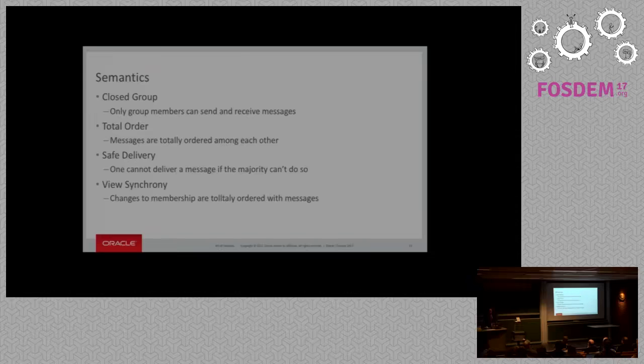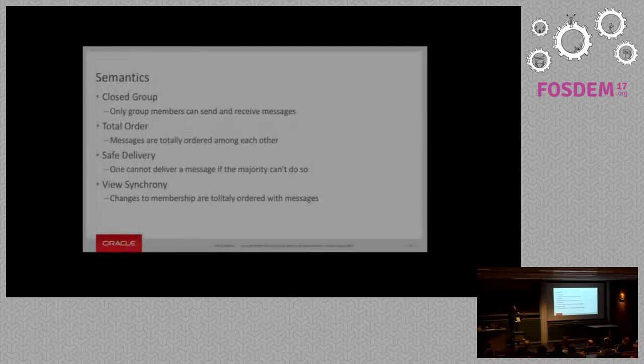It's a thin layer, but it has to preserve some important properties from the group communication system, whatever the group communication is. It has to provide total order, in the sense that when you send a message to remote nodes, it has to be totally ordered among all the messages being sent by concurrent nodes. It has to preserve safe delivery, which means that I will only allow a node to deliver a message when a majority of the nodes get it.